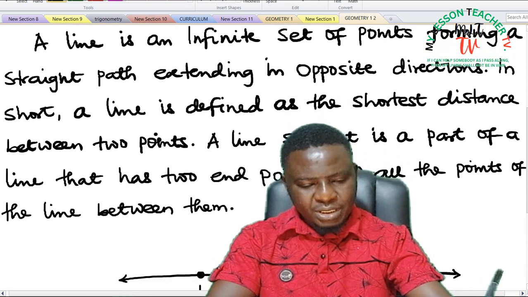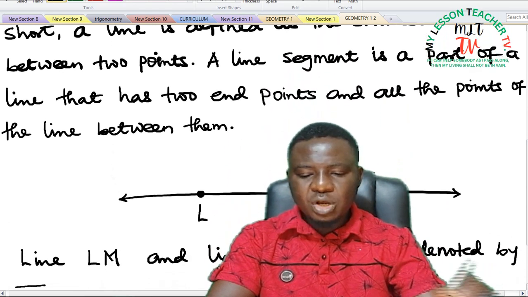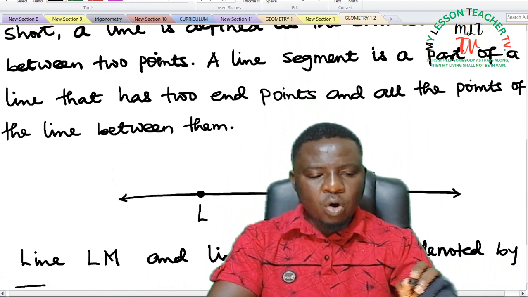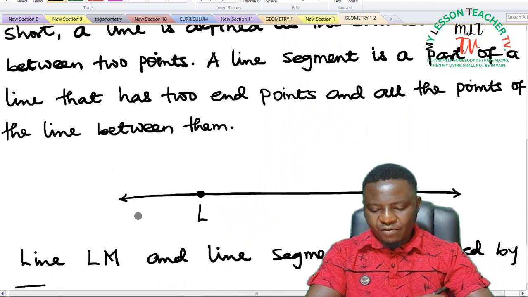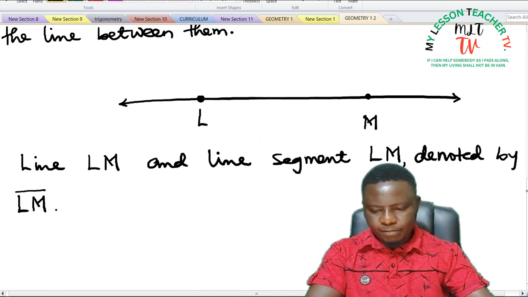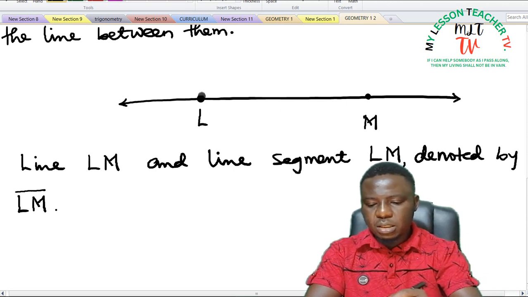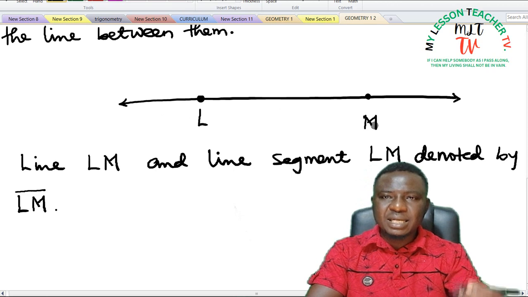While a line segment is a part of a line that has 2 endpoints and all the points of the line between them. If we have defined this to be a line, we then have it that from point L to M is said to be a line segment.